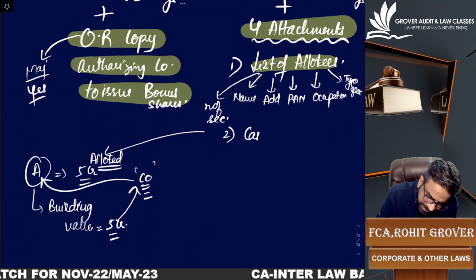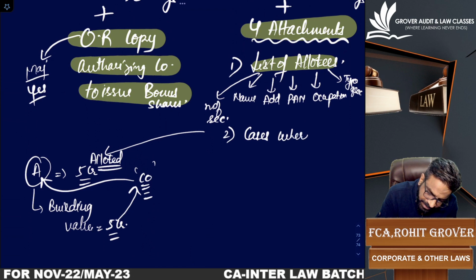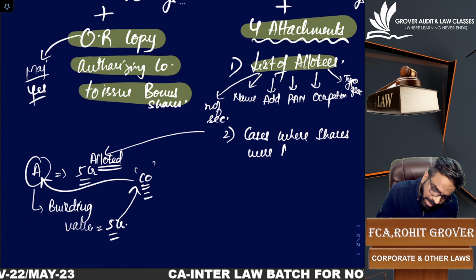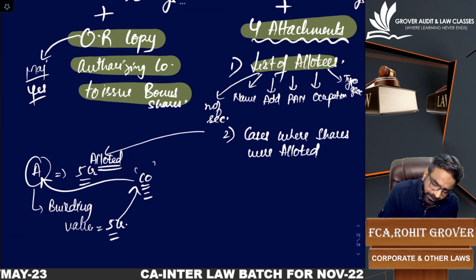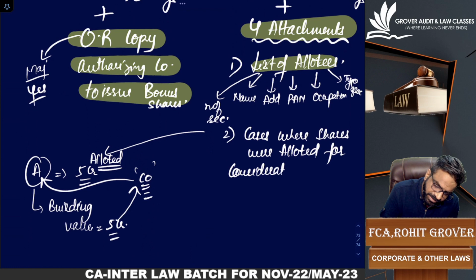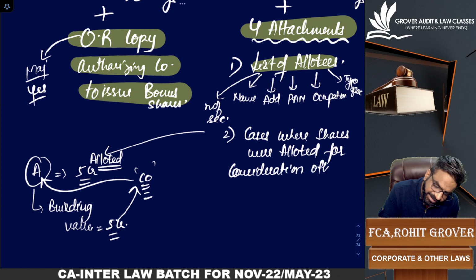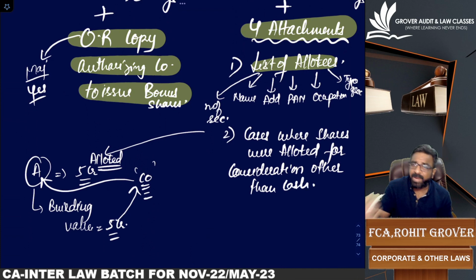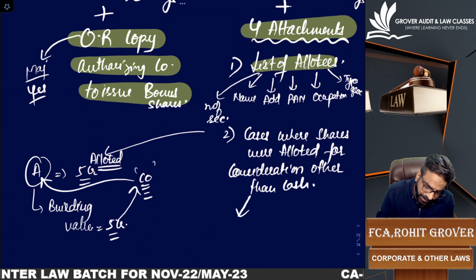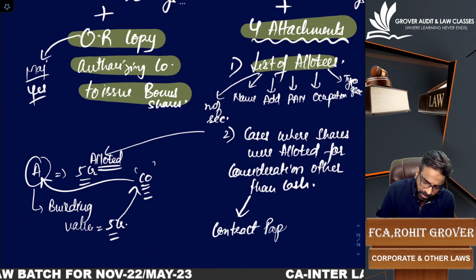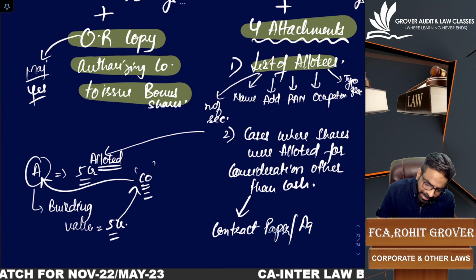So in cases where shares were allotted for consideration other than cash, what do we have to submit? We have to submit contract papers or agreement papers.